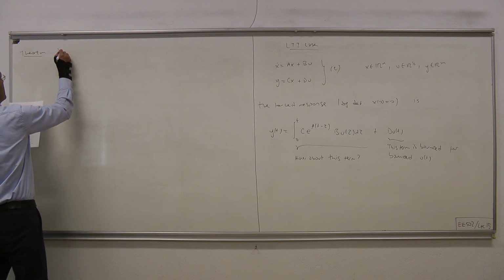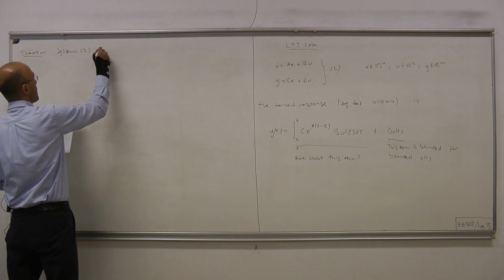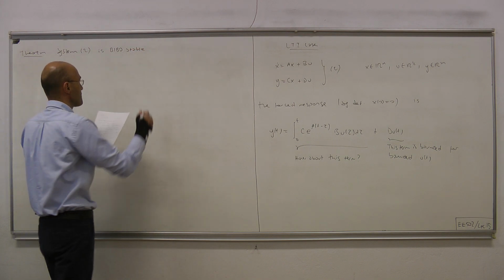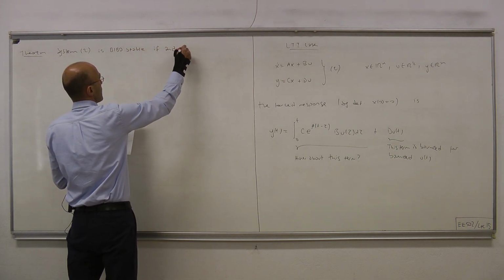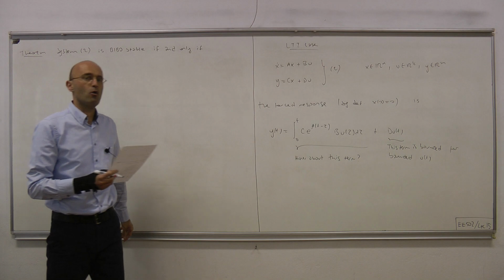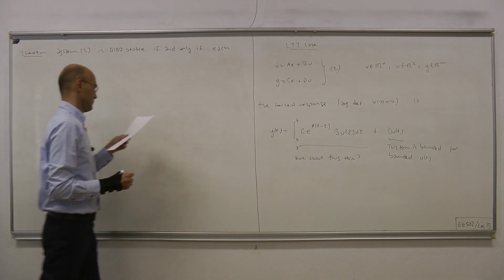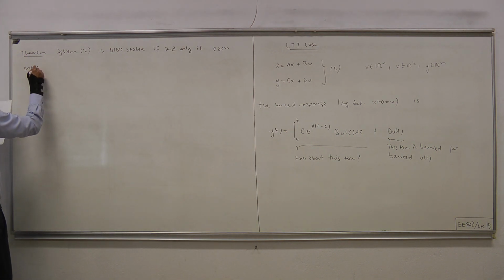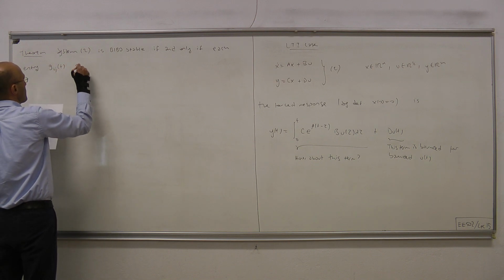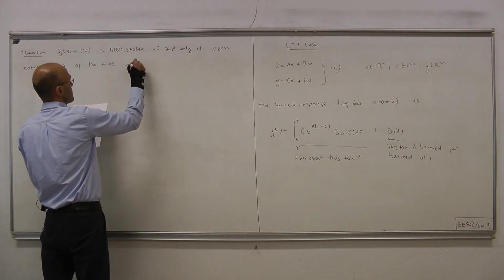Theorem. The LTI system, our system 2, is BIBO stable if and only if, so it's an equivalence condition, so that provides a complete characterization, each entry g_ij of t of the m by k matrix.